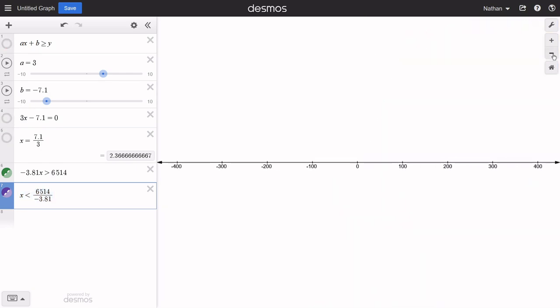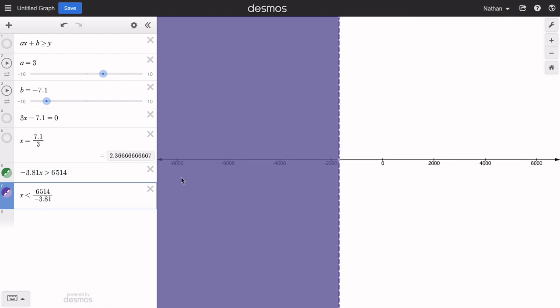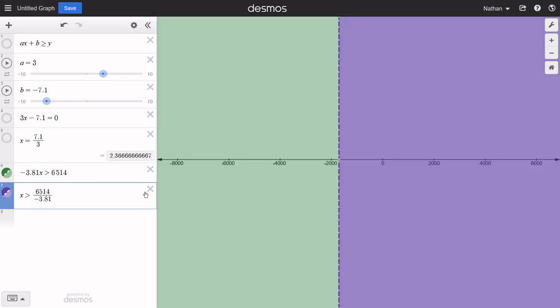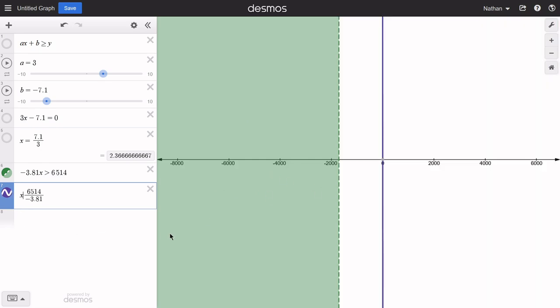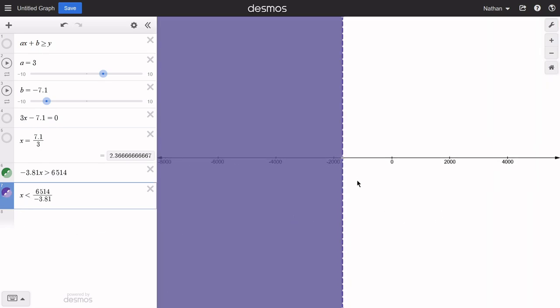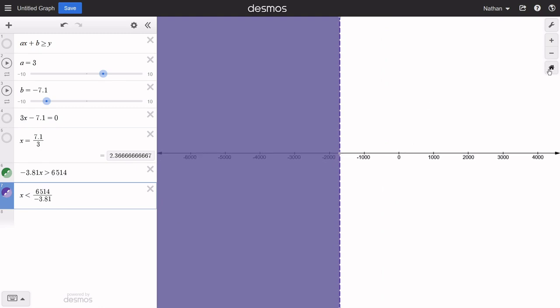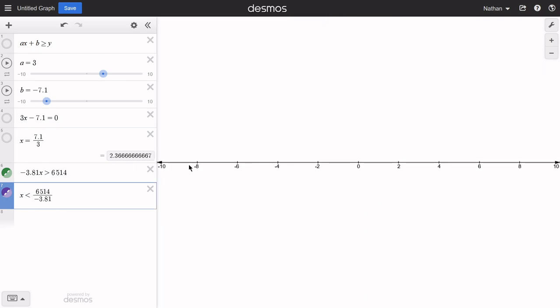Zoom out enough, we can find that solution set. There it is. And I turn that off, and you can see that it's the exact same solution. And that, again, it's only the case if you flip the inequality. If I didn't flip the inequality, then you see that the two different sides are shaded, and that means you did it incorrectly. So that's the key thing to keep in mind when working with inequalities versus equations.